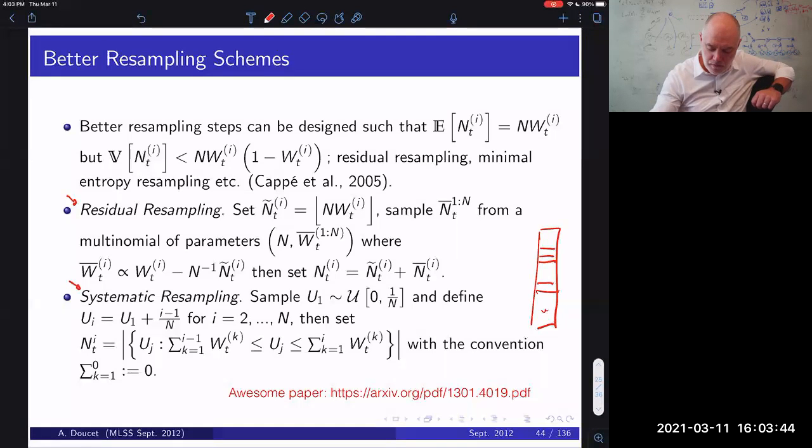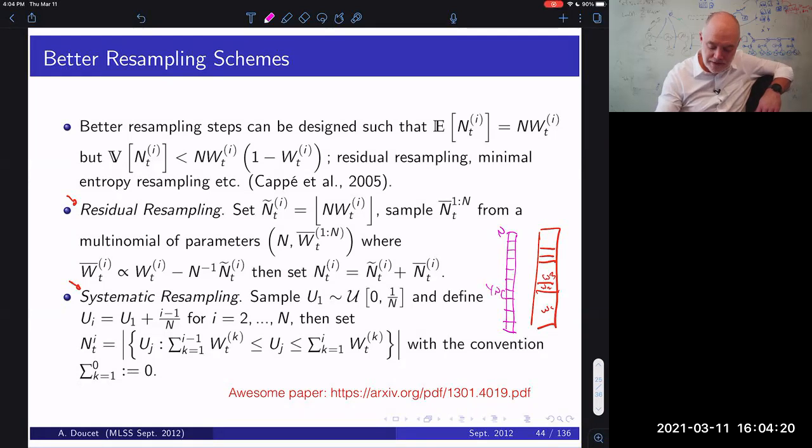Here are the weights, you know, weight 1, weight 2, weight 3, something like that. Instead of doing multinomial resampling, you can say, I want n samples, and the way I'm going to get it is I'm going to construct an equally spaced ladder of length n, where each bin is of size 1 over n.